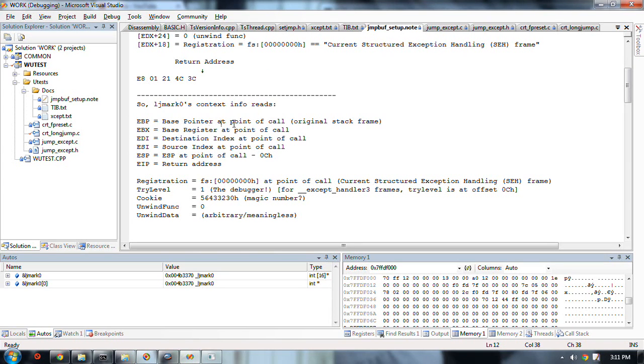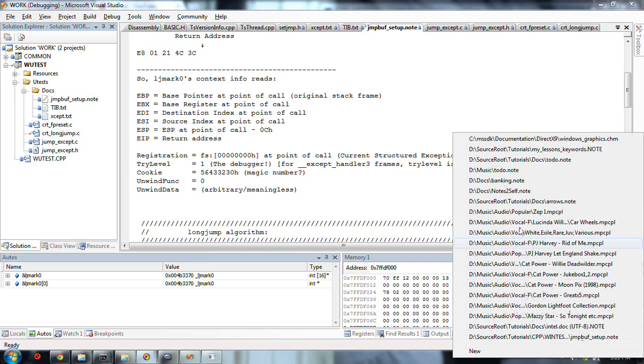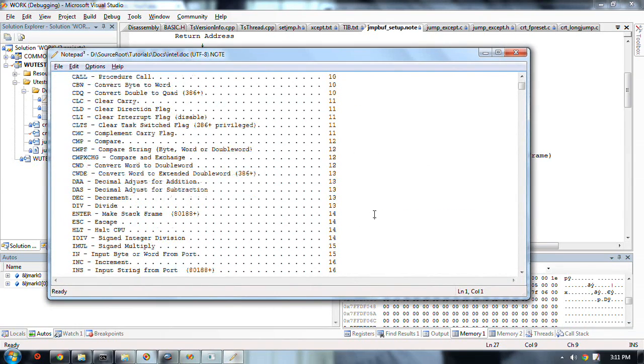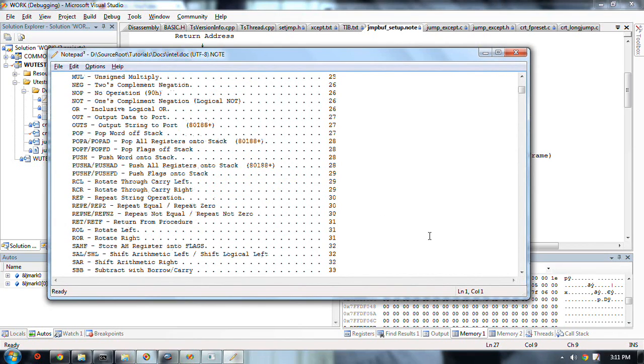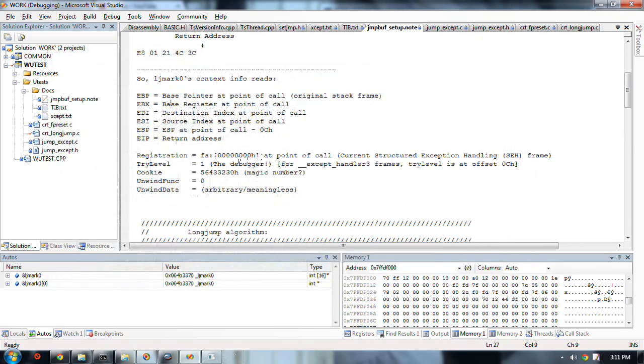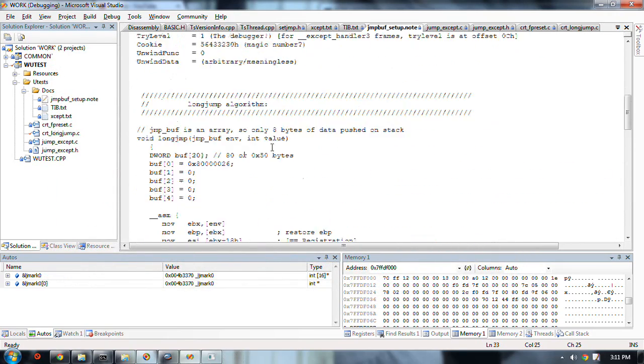So what we have is base pointer at point of call, and base register. I looked in this document that we were using over and over again with testing the Notepad program. It has some terminology in here, and I went searching through it.